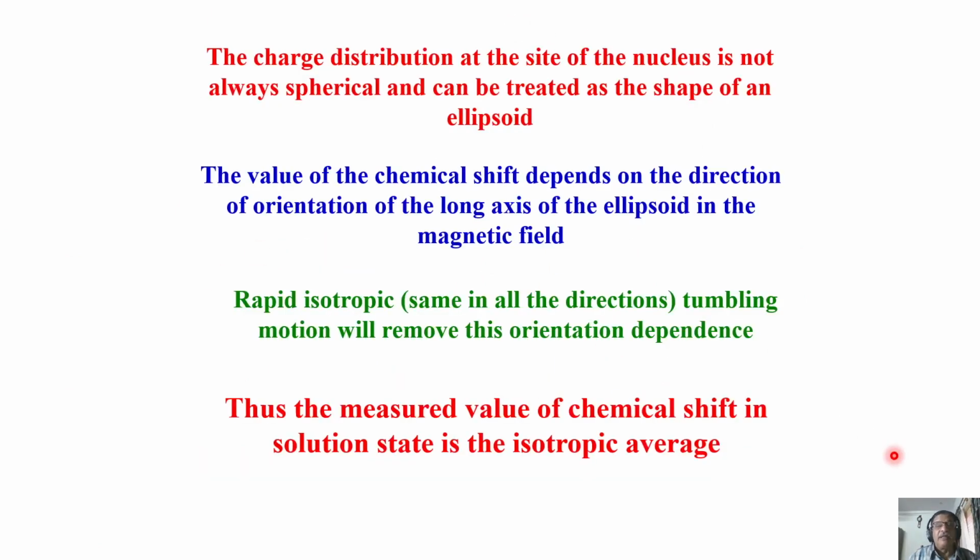So now the charge density distribution at the site of the nucleus is not always spherical and can be seen as an ellipsoid. So that's why the value depends upon the direction of orientation of the long axis of this ellipsoid.